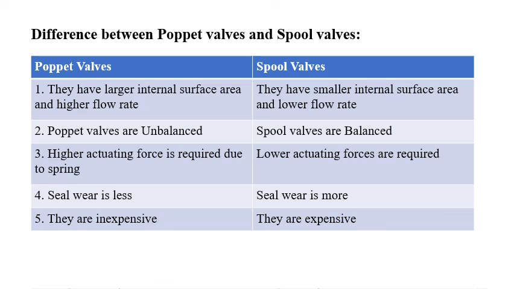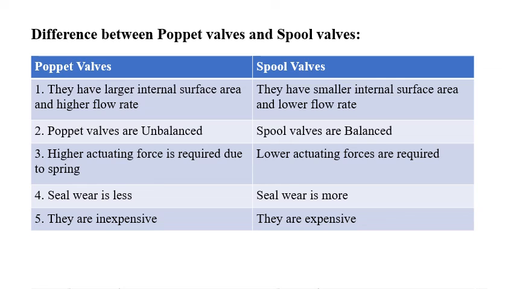Now I will go for the comparison. First point: poppet valves have a larger internal surface area and higher flow rate. Spool valves have a smaller internal area and a lower flow rate.